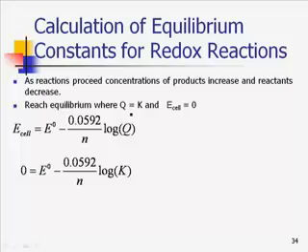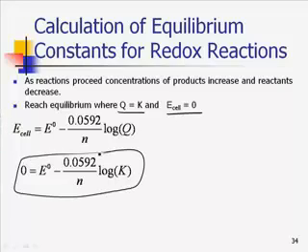So use these two facts, plug them into the Nernst, and you get this modified version there, where we can now solve for the equilibrium constant.